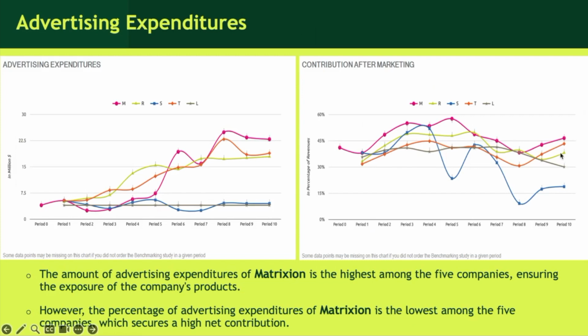However, the percentage of advertising is the lowest, so it secures a high net contribution. So for the contribution after marketing, you can see from the picture that Matrixon's is more than 45%, higher than any other company.